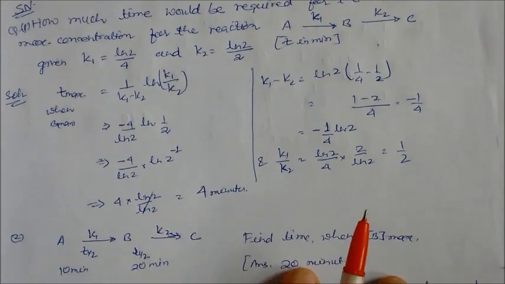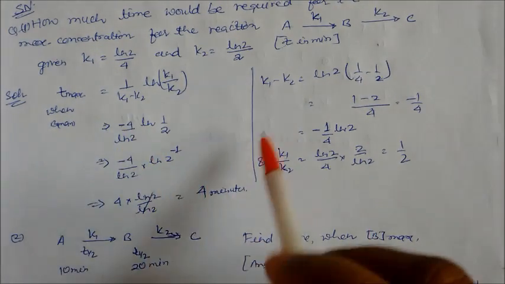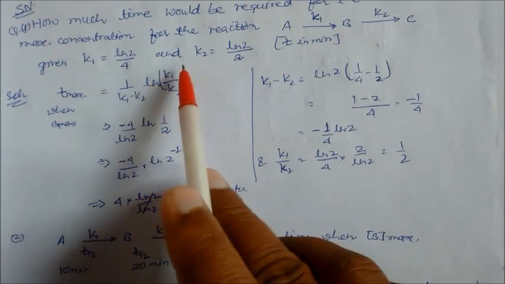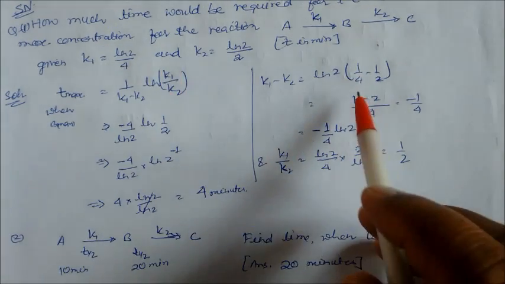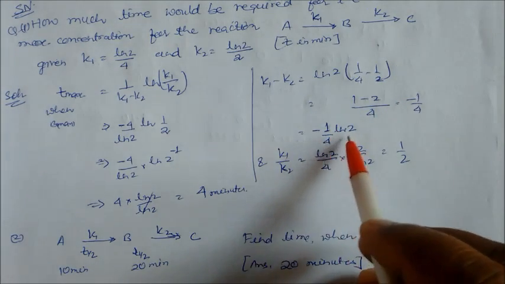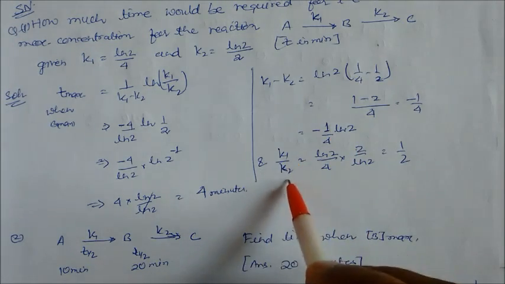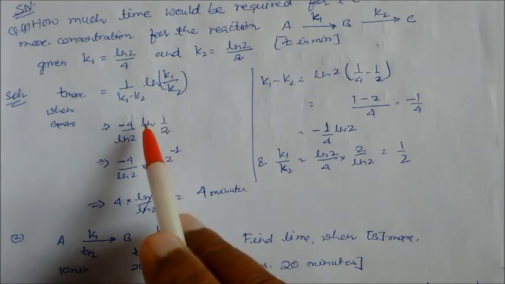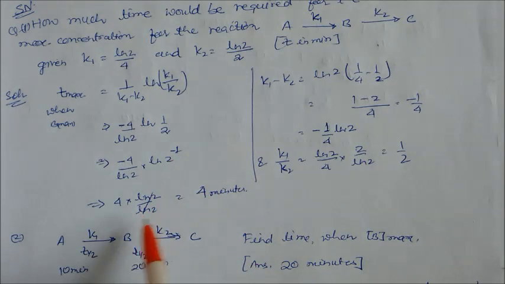So K1 minus K2 is nothing but minus log 2 by 4, and K1 by K2 is log 2 by 4 into 2 by log 2, we get the half value. On substituting this value, you will get the answer 4 minutes.